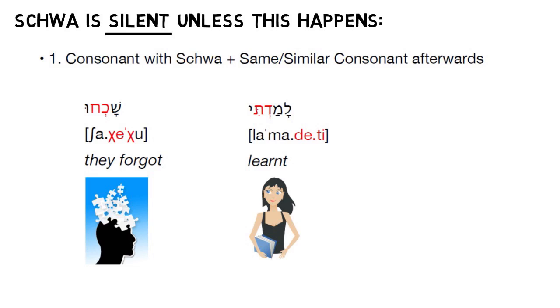There's a d with a schwa under it, and then a t. It's made in the same spot in your mouth. D, t. The rule is here because without it, you'd have to say something awful like shachachu or lamadeti. It's really hard to make 2 similar sounds in a row with nothing in between them. And so we stick in that eh sound. And so that is category 1.